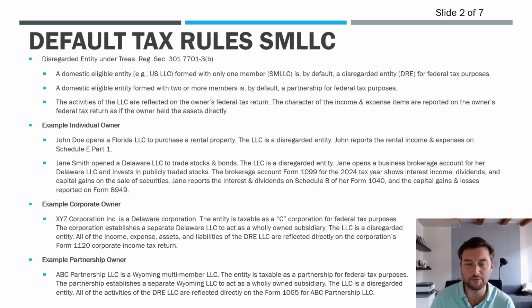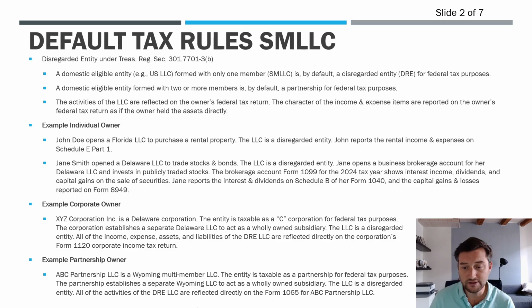Now, what if we have a partnership type scenario? Let's say we have ABC Partnership LLC. It's a Wyoming multi-member LLC. And this entity decides to open another subsidiary. So it opens another Wyoming LLC that's owned 100% by ABC Partnership. The LLC is a disregarded entity.